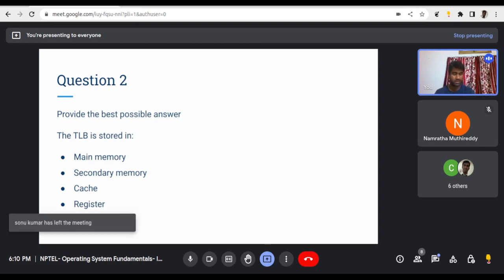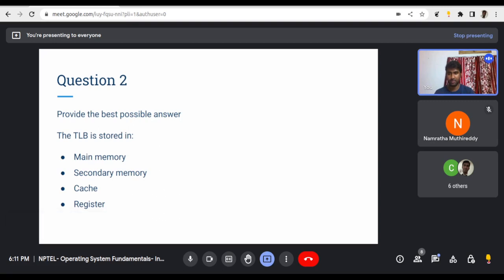So in the previous session, we actually took up a few questions related to memory management, where we studied about paging and segmentation related things, right? So those are all ways to manage the main memory.